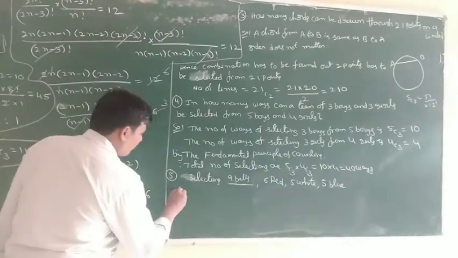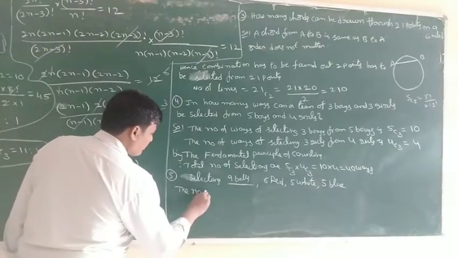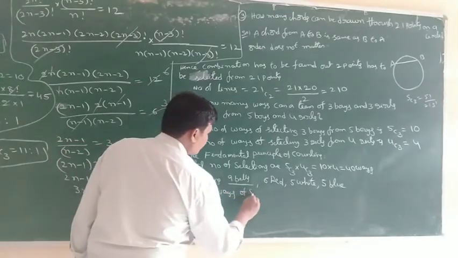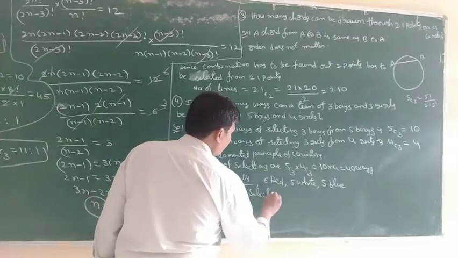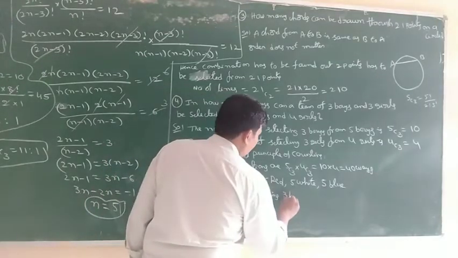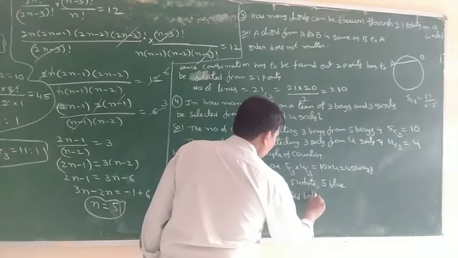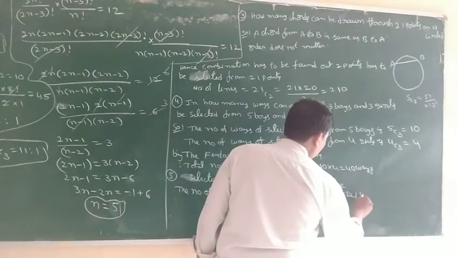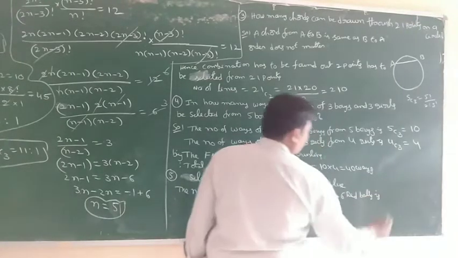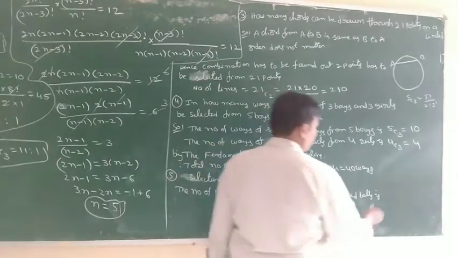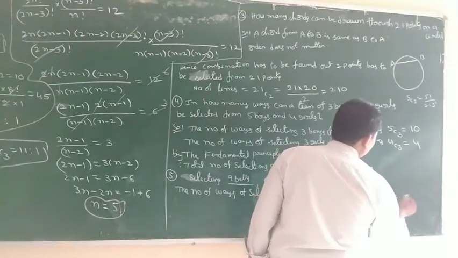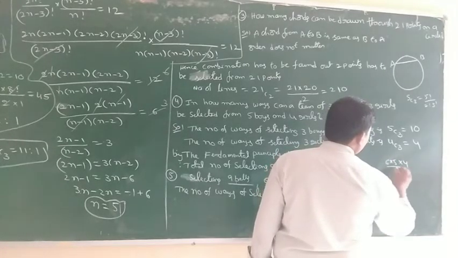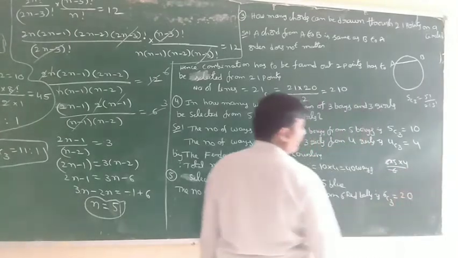So the number of ways of selecting 3 red balls from 6 red balls is 6C3. 6C3 is equal to 6 into 5 into 4 by 6, so that is equal to 20.